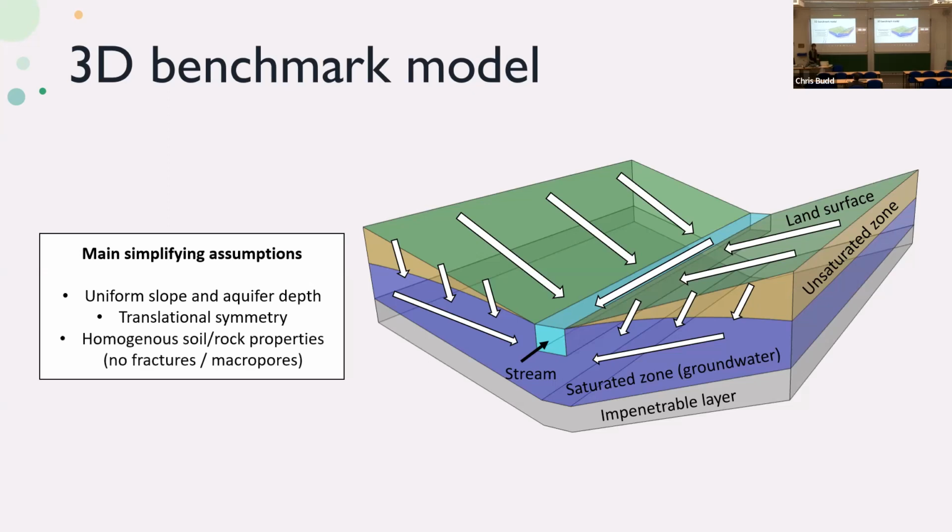And finally, I want to assume that all properties of the soil and rock material and also the surface of the terrain are uniform. So for example, we have everywhere the same hydraulic conductivity and the same roughness of the surface, so that we can fully control them.